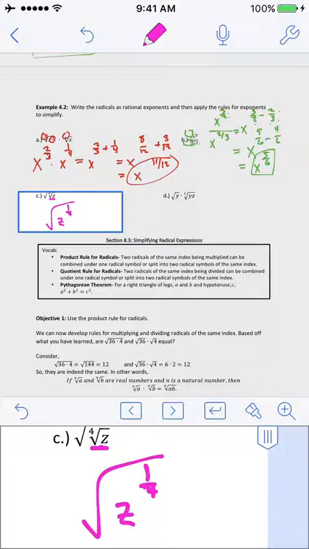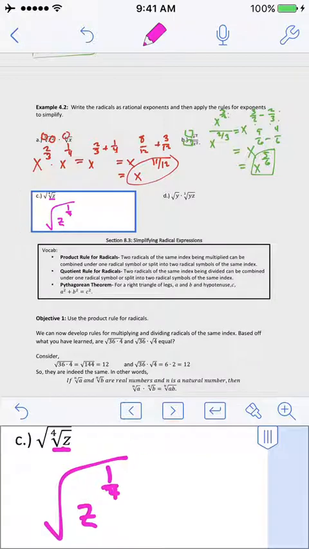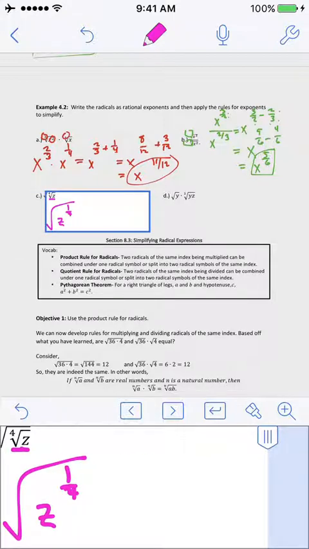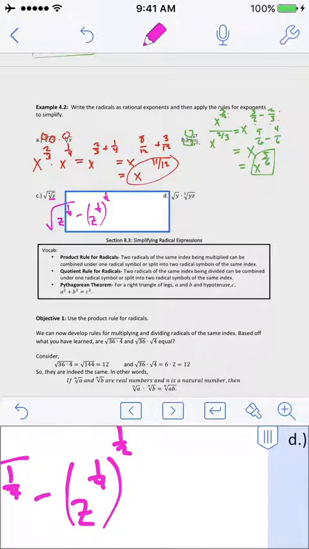And that still has another radical over it. That radical is now the square root, because it's a 2 there. So it's z to the 1/4 to the 1/2. And now we've got the power rule. Z to the 1/4 times 1/2 is going to be 1/8. And we're done.